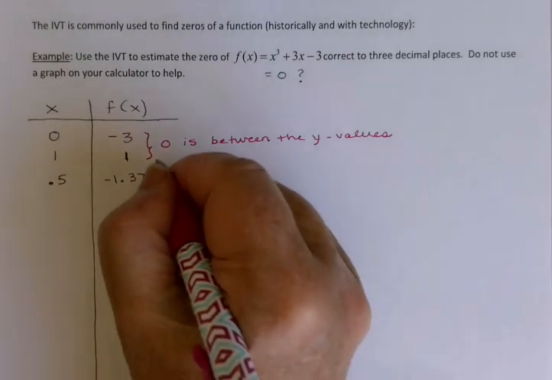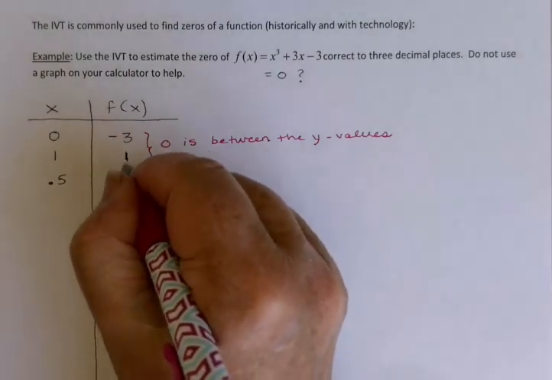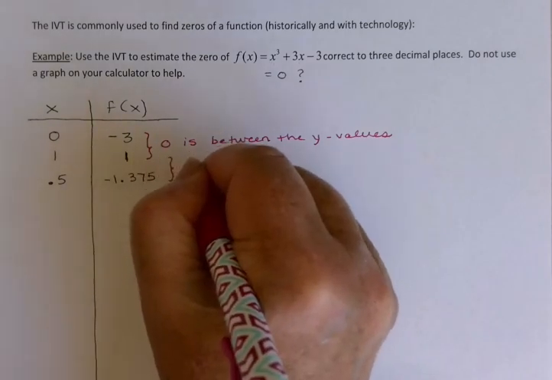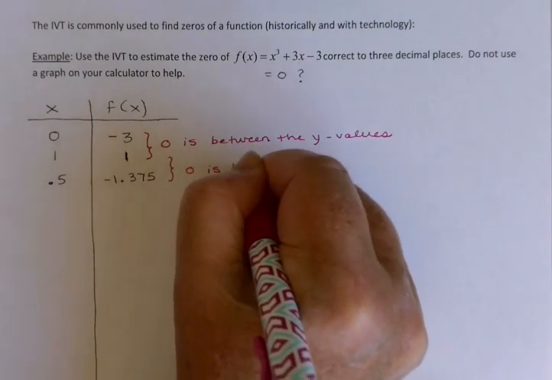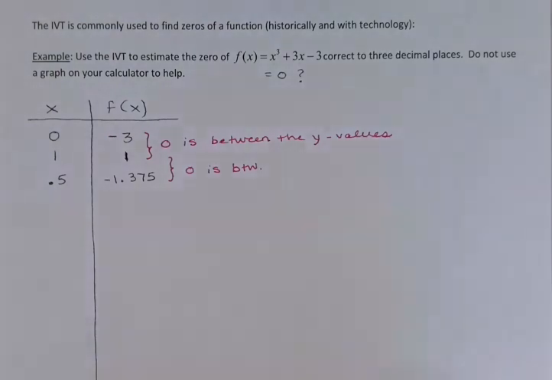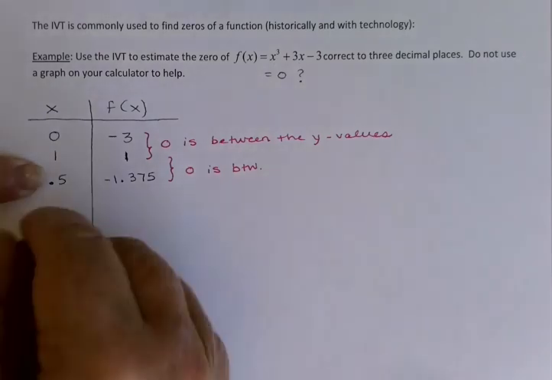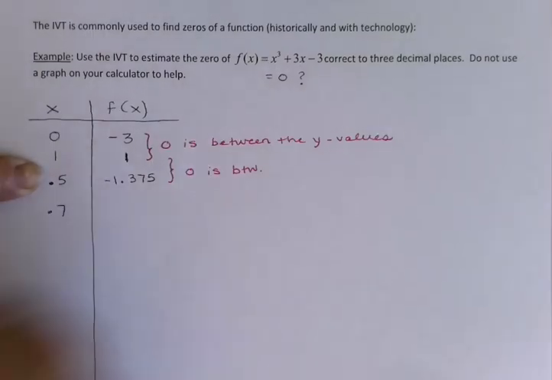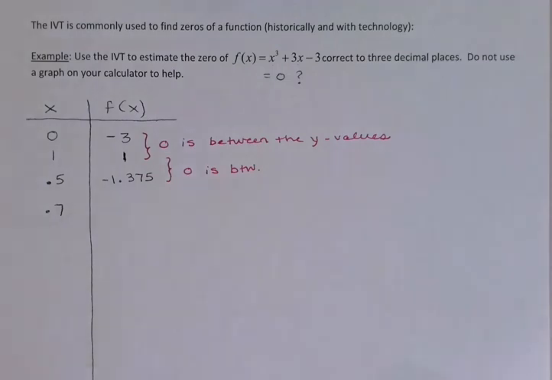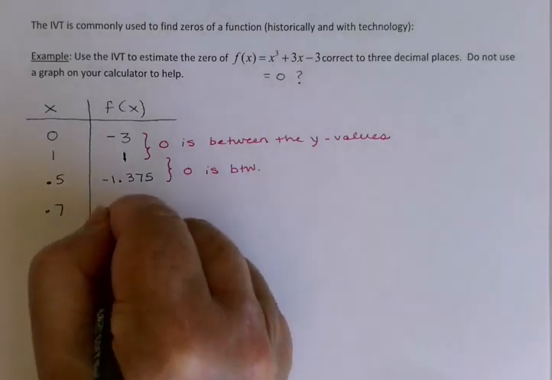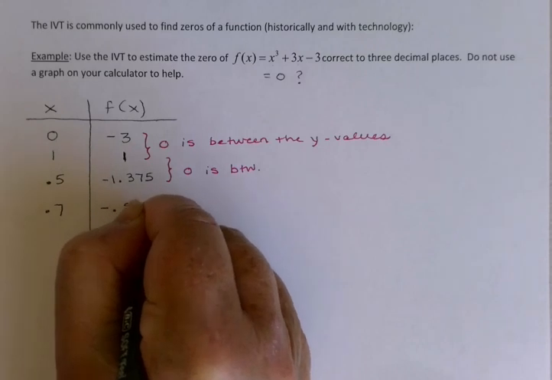Now again, between negative 1.375 and 1, 0 is in between. So I'm going to pick a new x value between 0.5 and 1. Let's try 0.7. I'm just going to do the arithmetic off camera here, plugging into my table again. When I chose 0.7, I got negative 0.557.